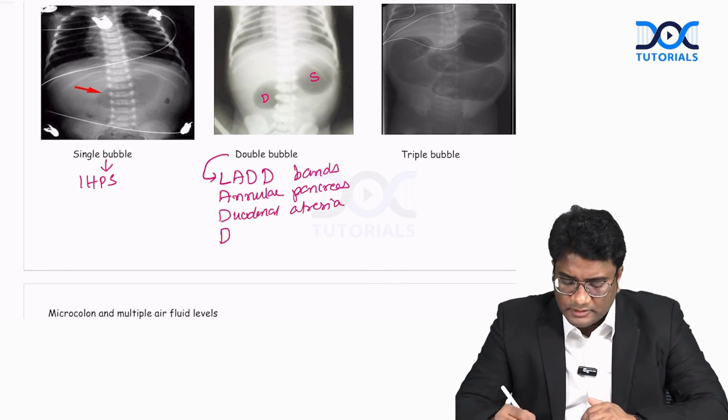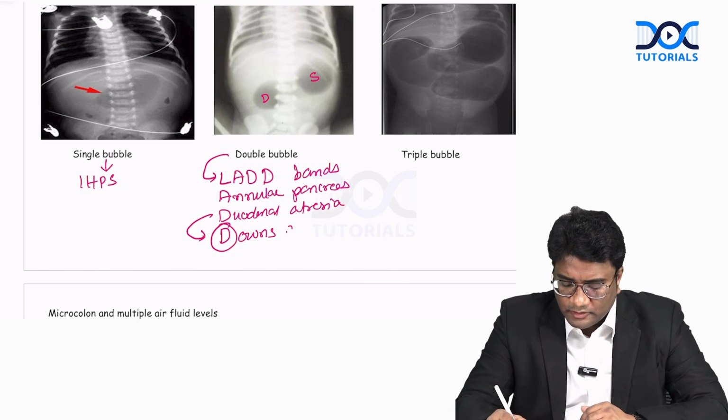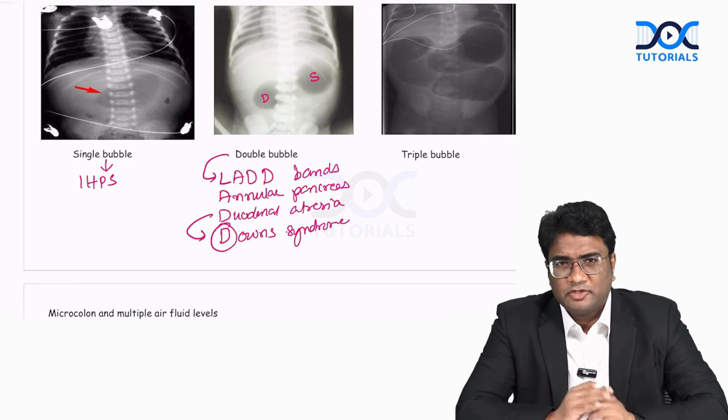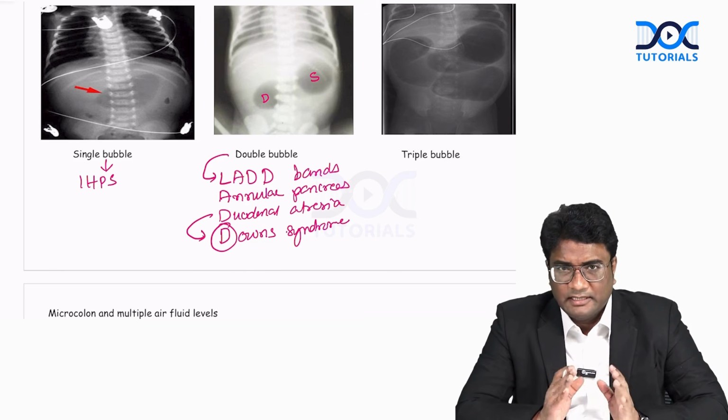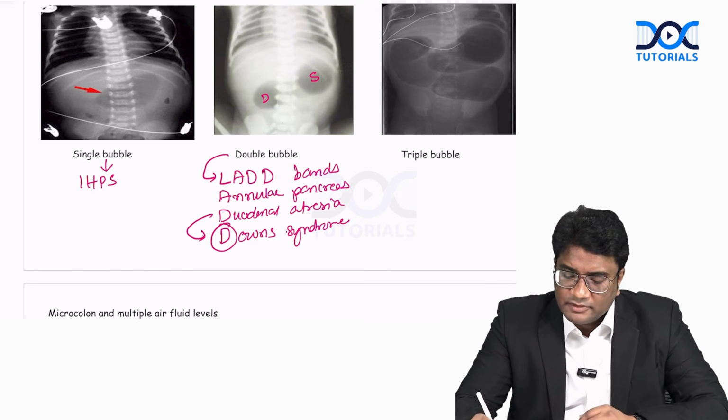So they can produce a double bubble appearance, and this can be seen in duodenal atresia, which is associated with Down syndrome. So remember the LAD bands. With that, you can remember the causes of double bubble: the LAD bands, the annular pancreas, and the duodenal atresia. And if you see part of the stomach, the duodenum, and part of the jejunum, this is jejunal atresia.